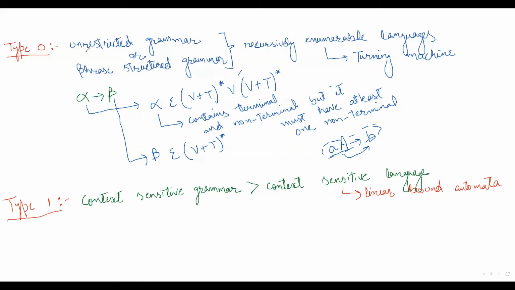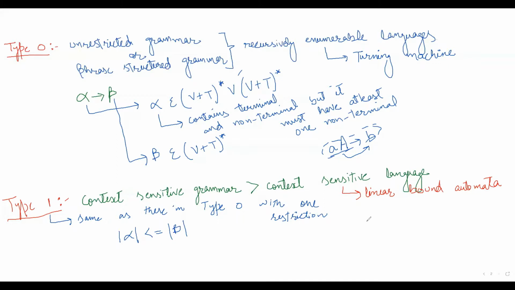So the production rules in type 1 grammar are the same as in type 0 with one restriction. Okay. And what is the restriction? The restriction is that the length of alpha, so the left hand side of the production rule, should be less than or equal to the length of beta.